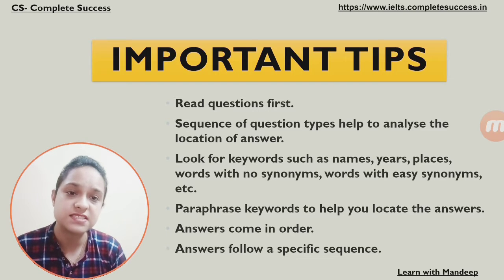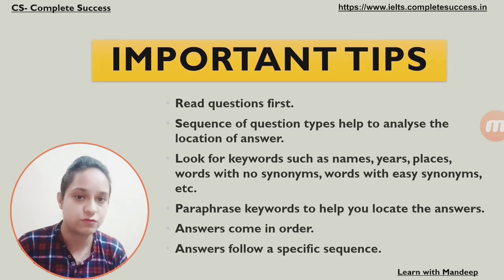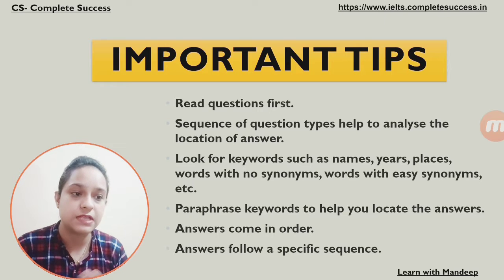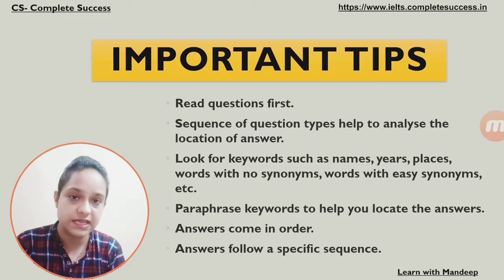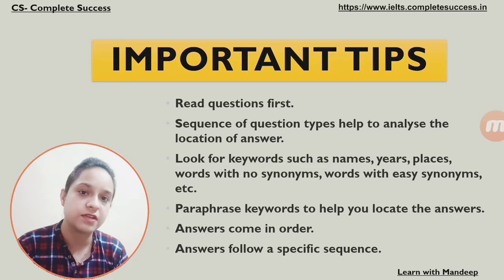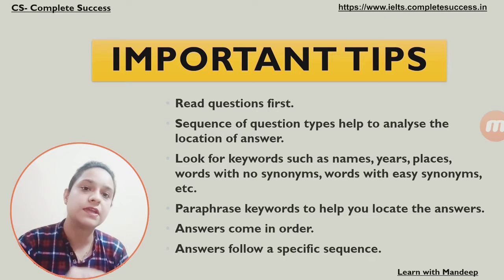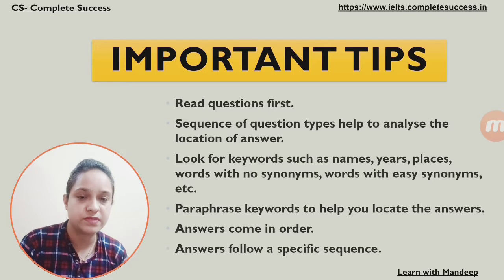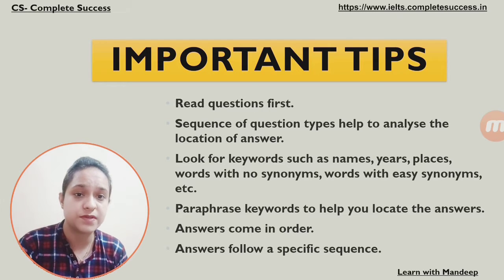And then the answers come in order in the true false category, as they also follow a sequence. As I've told you, they follow a sequence, like you can get two answers in one paragraph or you can get one answer in one paragraph, but they are in sequence. Suppose the 7th question is true false, and you get the answer in the 4th paragraph, and for the 8th you get the answer in the next paragraph, meaning you get one answer in each paragraph.